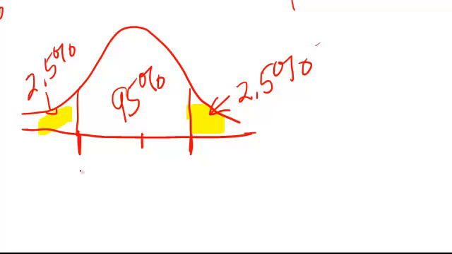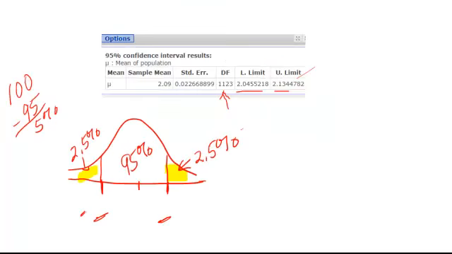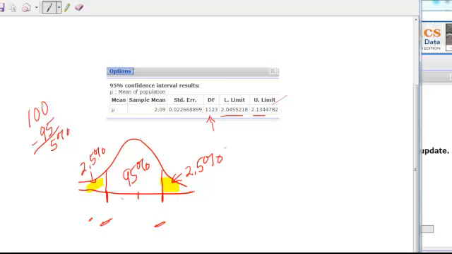When we look at the table or in StatCrunch, we can get this value, and we'll get a negative value, but it'll be the same value for both the upper and lower. So we're going to look up, instead of 2.5%, because we look up the amount in the tail, 0.025, since we're converting it to decimal.